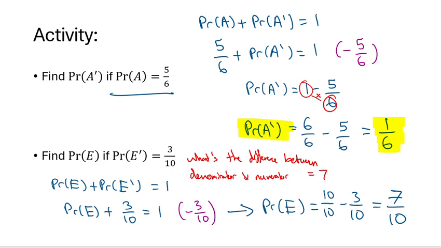So in this case, it would be equal to 7, yeah? So this 7 is technically your new numerator, but your denominator stays the same, okay? That's pretty much the trick right there.